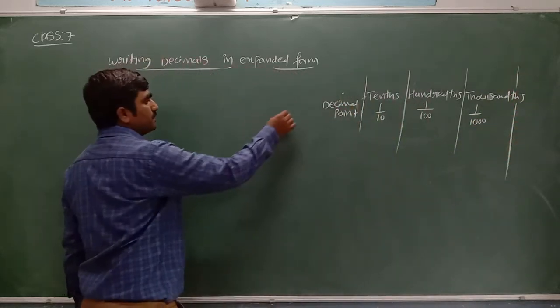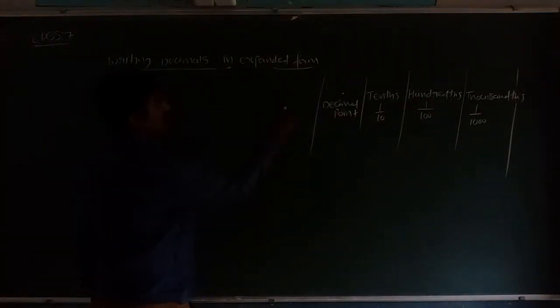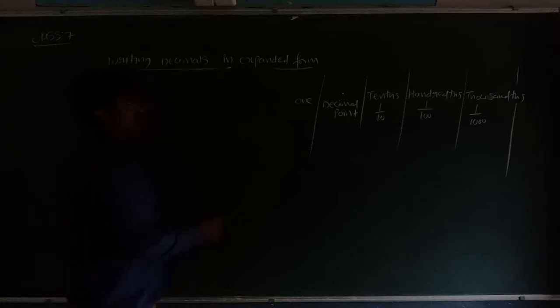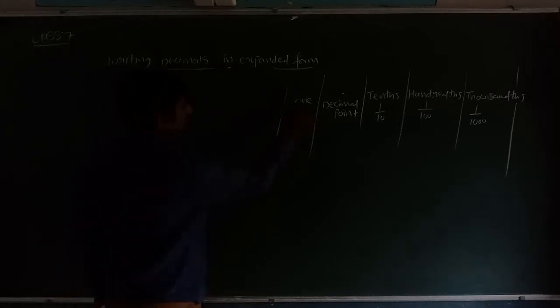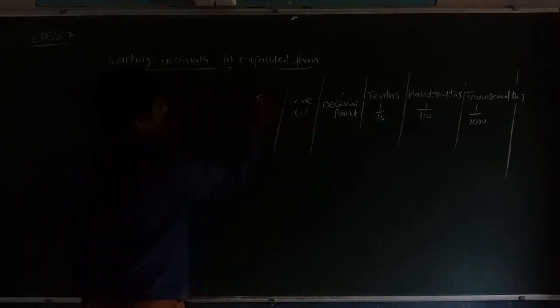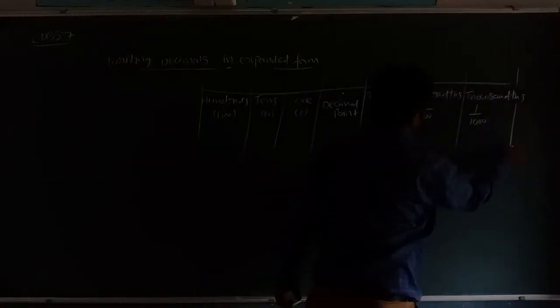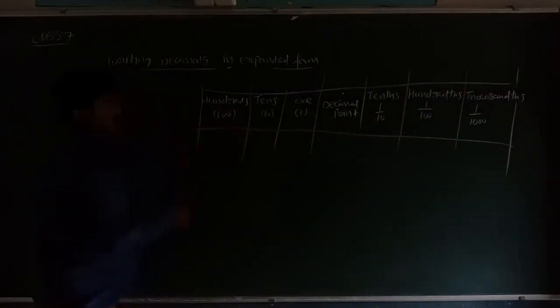Then before the decimal point is the whole number part: ones place, then tens place, then hundreds place, thousands. This is all about the place value chart of decimals.